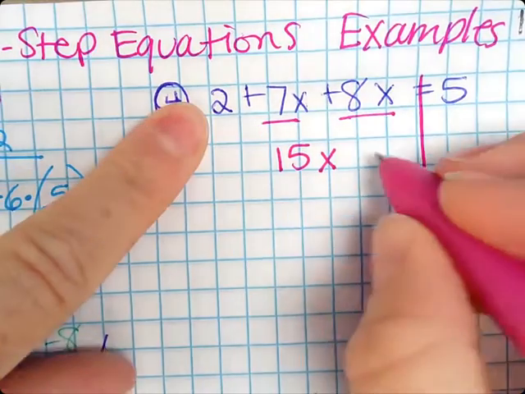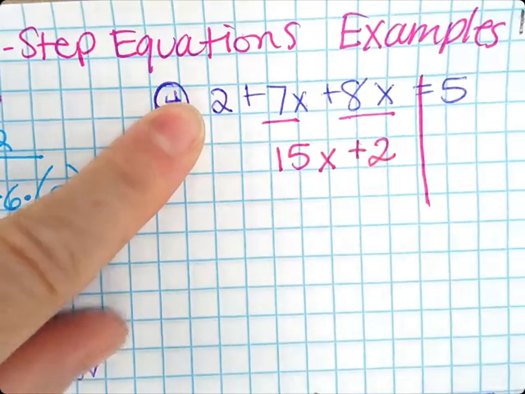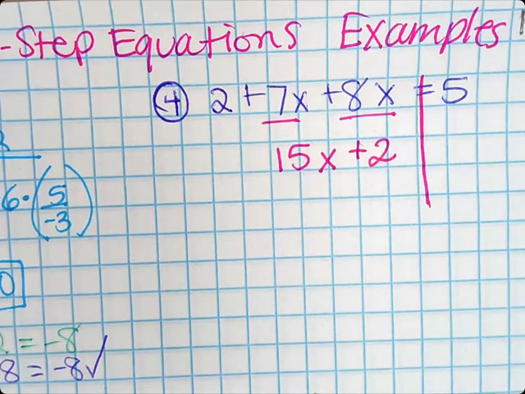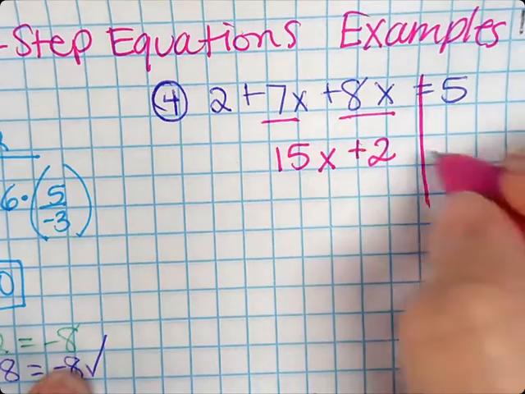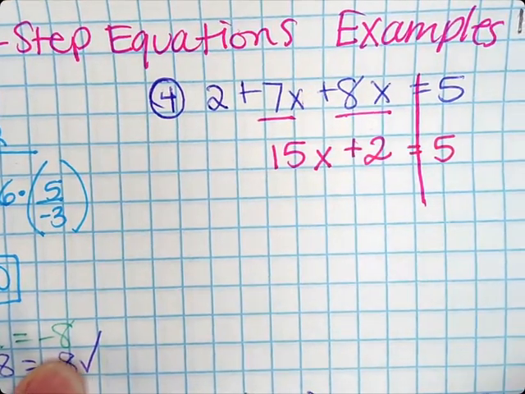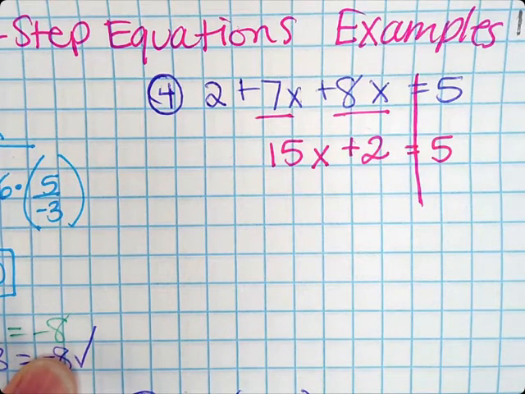And then I'm going to write the plus 2. If you want to keep it 2 plus 15x, that's fine. I just like having my variable first. Carry down the 5. And now it's a simple 2-step equation.